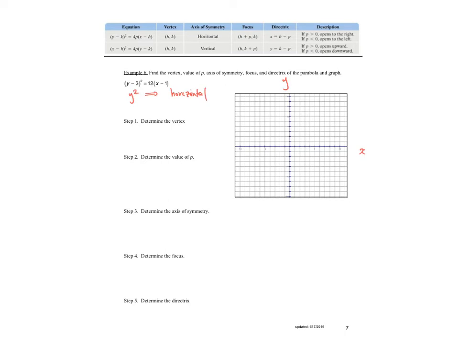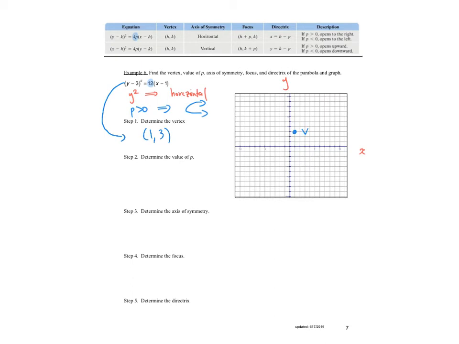And because that 12 is positive, we know that p is going to be positive. And so we're going to open horizontally to the right. Okay, the vertex we can read off straight away as (1, 3). So let's throw that on there for my vertex.